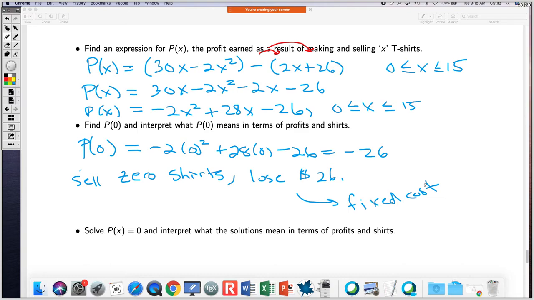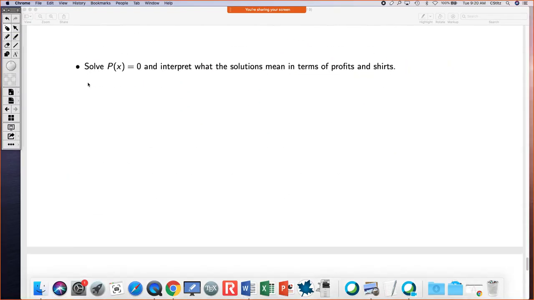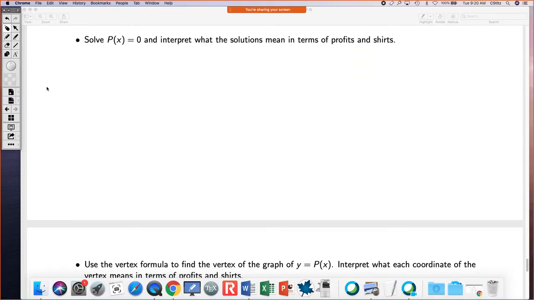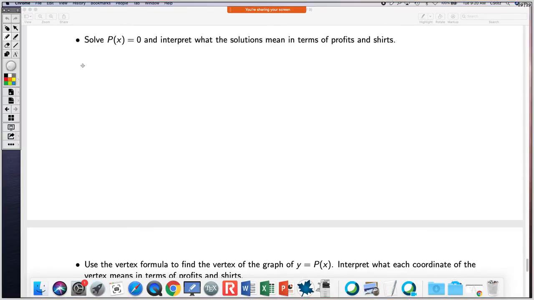Solve P of x equal to 0 and interpret what the solutions mean in terms of profits and shirts. So here we go. So we had a negative 2x squared plus your 28x minus your 26 is 0. We've got x's in more than one place. We try to factor. Let's take out a negative 2 first.